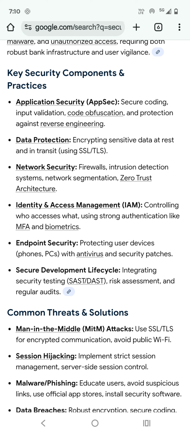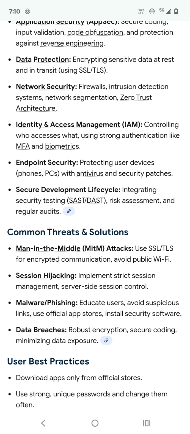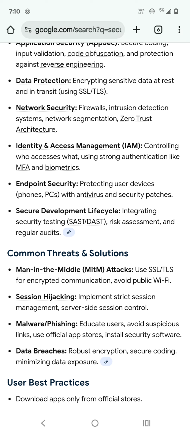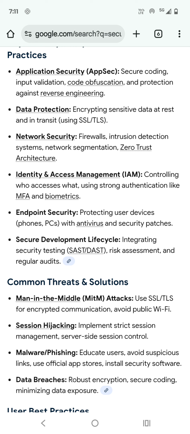So protecting the endpoint, phones, PCs, whatever, using antivirus and security patches. Generally, if you take a bank application, all the systems will be installed with some antivirus to protect the PC endpoint. They will make sure that no threat or breach will happen to the application.